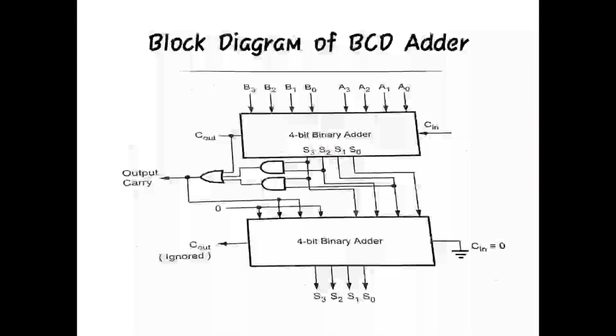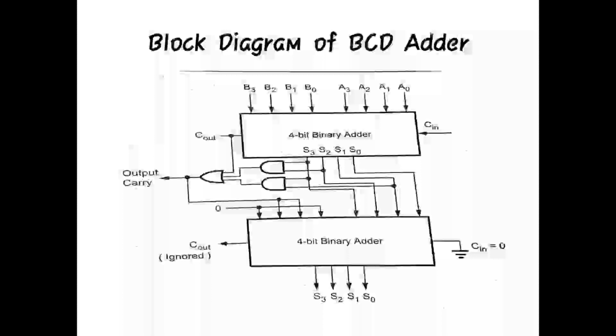Coming to the last slide, that is the block diagram of a BCD adder. As I have told you, first you need to consider 2 binary adders, 4-bit binary adders. As you see here, the first 4-bit binary adder has A0, A1, A2 and A3, then we have B0, B1, B2 and B3. So these are the 2 binary numbers which we need to add first.